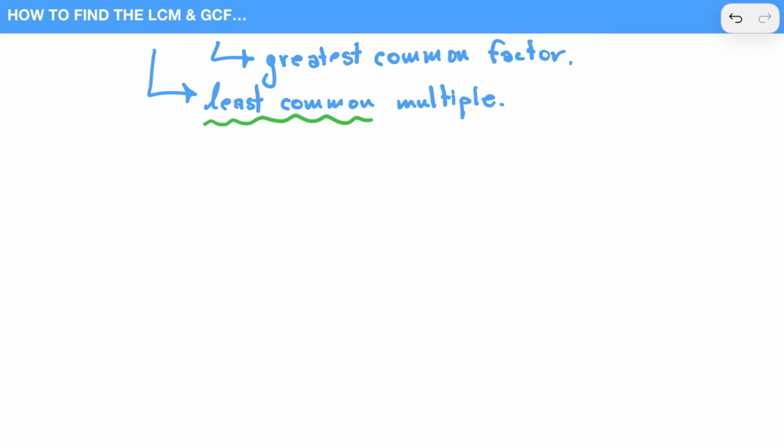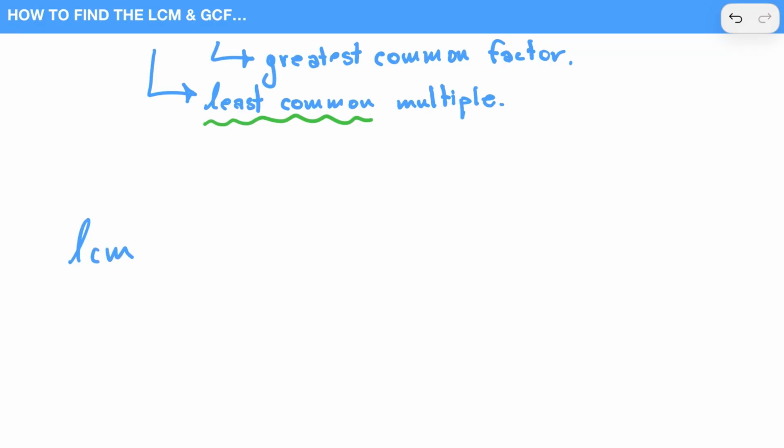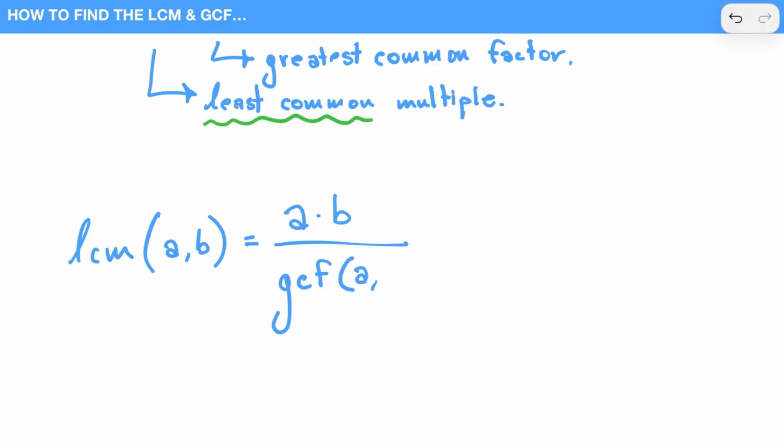The LCM of two numbers, let's call them A and B, is equal to A times B divided by the GCF of A and B. So using 4 and 6 again, for example, 4 times 6 is 24, but what's the greatest common factor of 4 and 6?